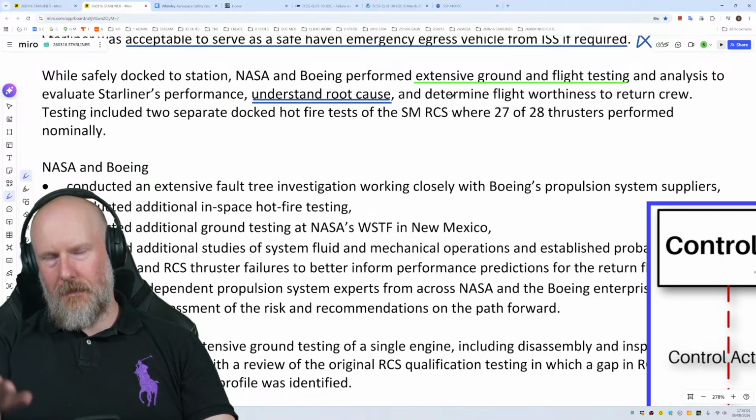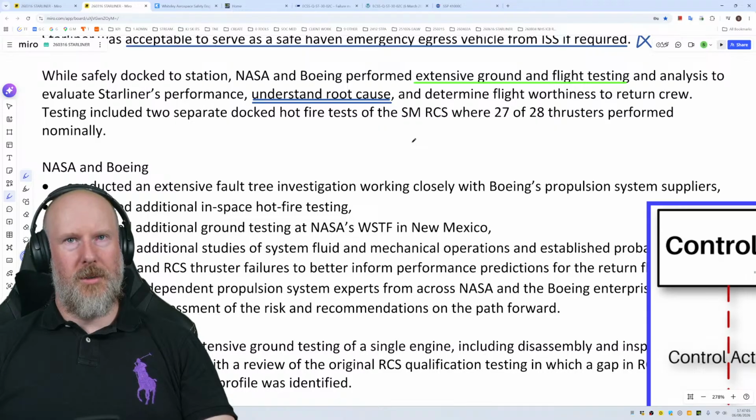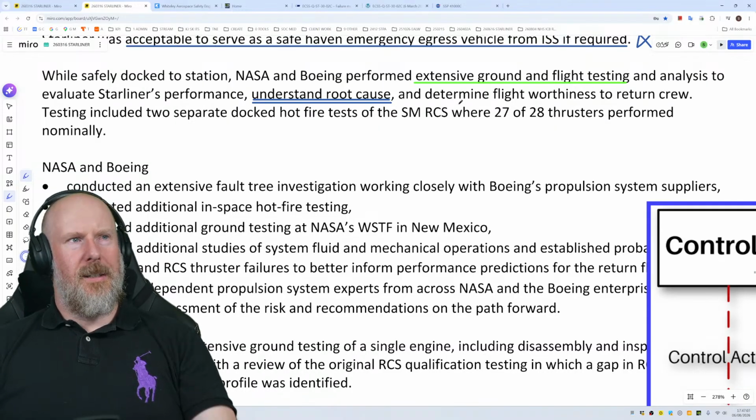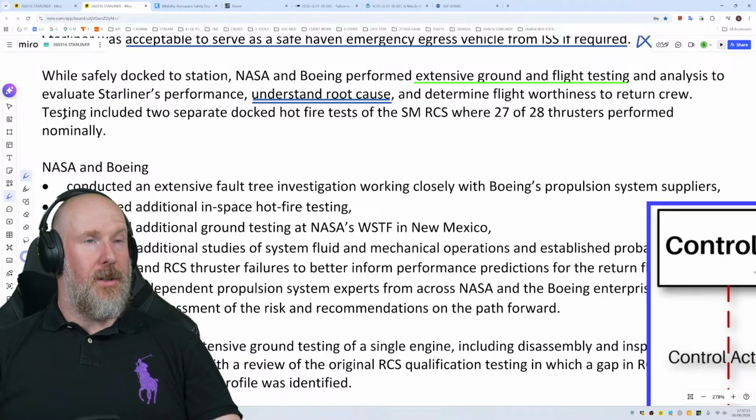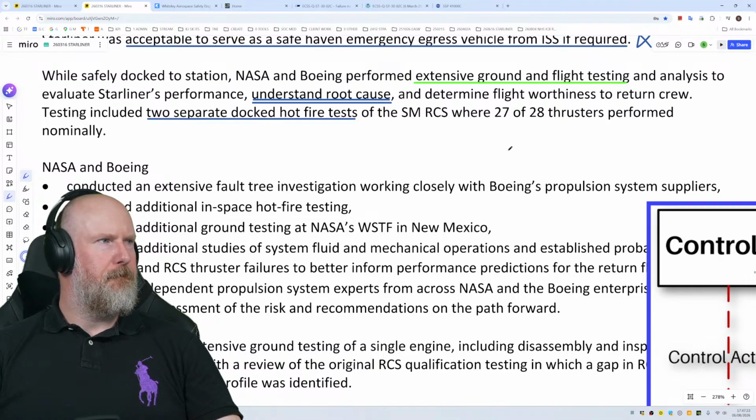This is why I recommend STAMP and CAST, because it will help you uncover much more than just a root cause. And determine flight worthiness return crew. Testing included 2 separate docked hot fire tests, where 27 of the 28 thrusters performed nominally.